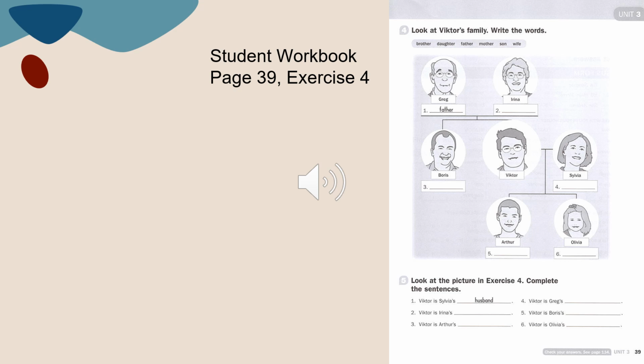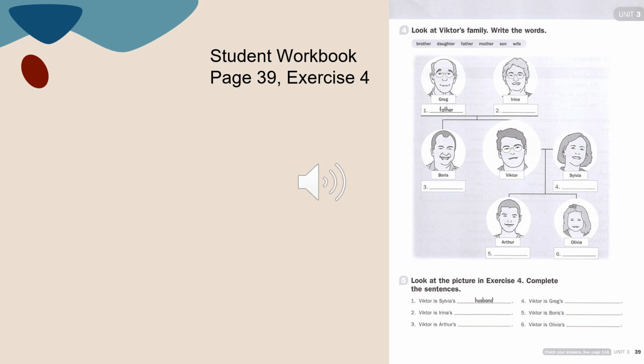Then look at this. Victor and Sylvia go together. So what do you think Sylvia is to Victor? Then look, going down from there, this is like a genealogy tree.